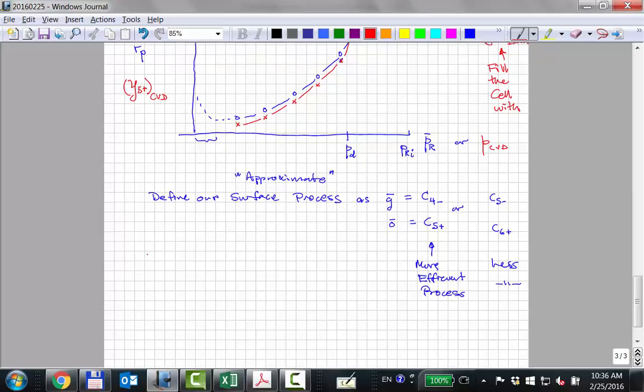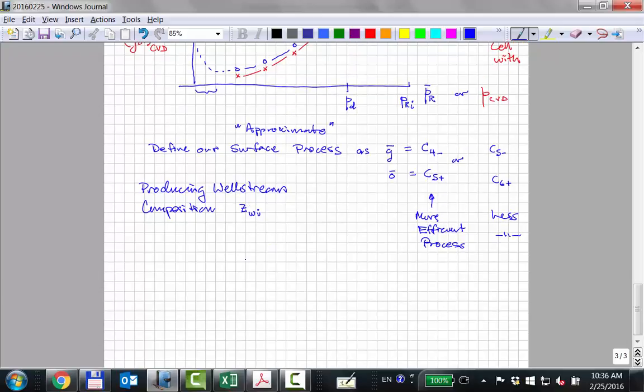And if you do that, then what you can find is that if the producing well stream composition, if we call that z, w for well stream, that's little z for mole fraction, W for well stream, and i for component. That's the term we use. That's what we get to the surface.